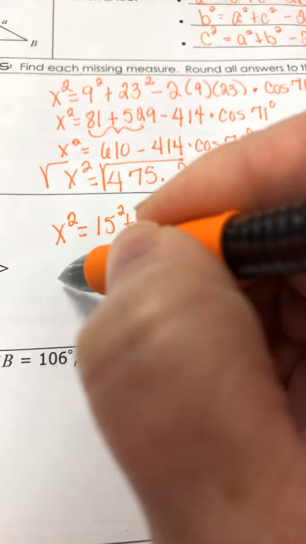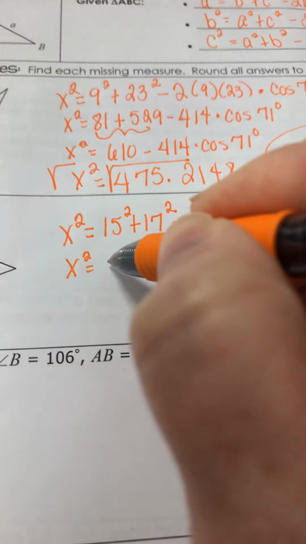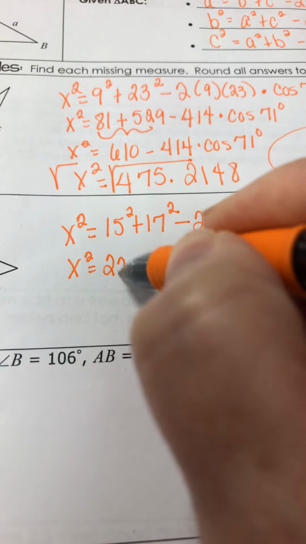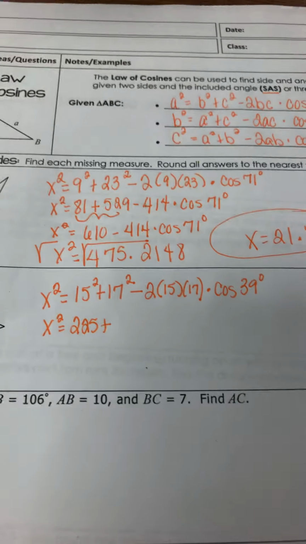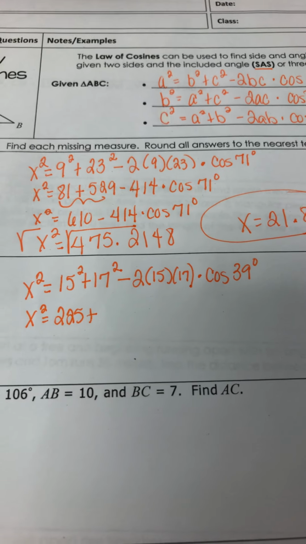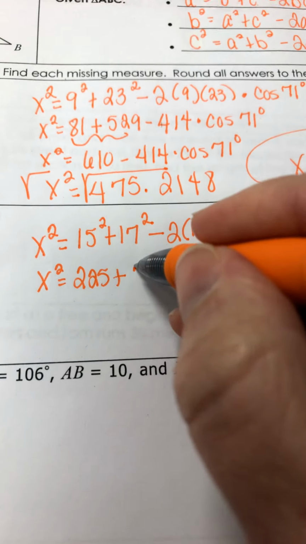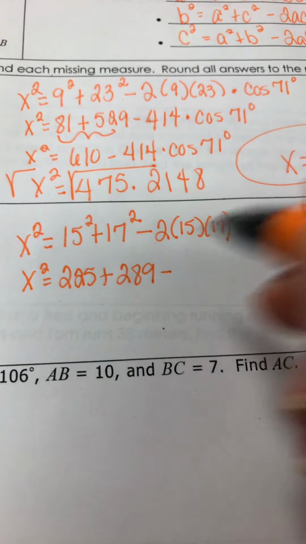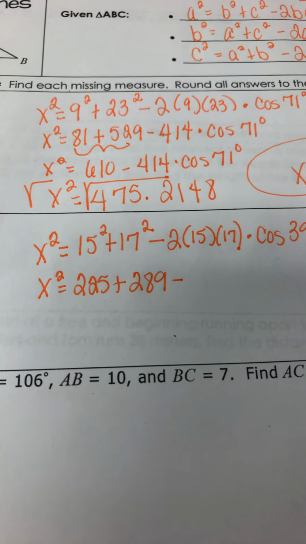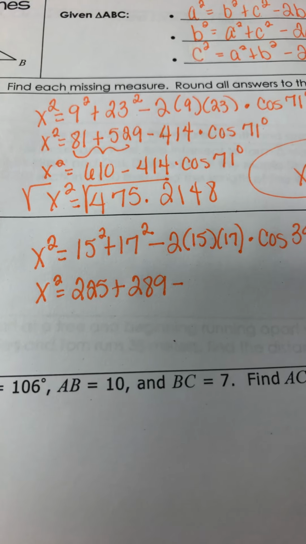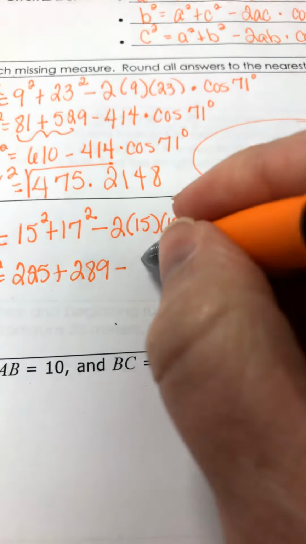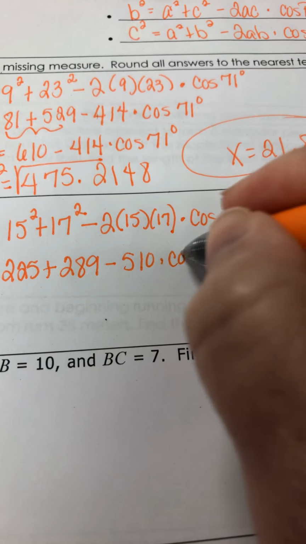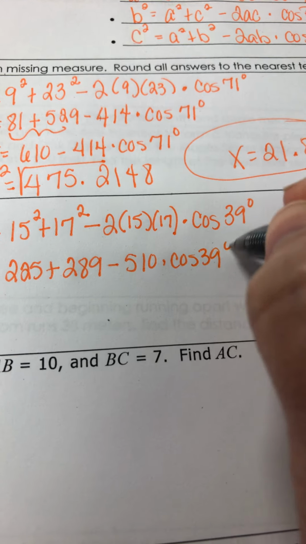Okay, so let's go through. We know 15 times 15 is 225. Then we have 17 times 17, which is 289, minus 2 times 15 times 17, which is 510, times the cosine of 39 degrees.